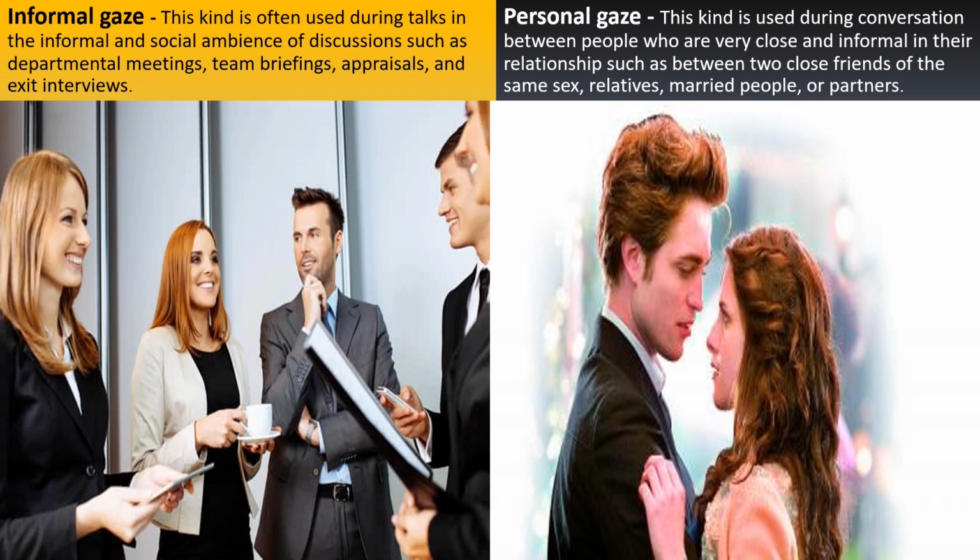The face and eyes and mouth, everything will be very close. That is the personal gaze. Maybe the same sex, or relatives, or married couples, or partners, or lovers. They will do like that. This is the glue of very personal gaze people.